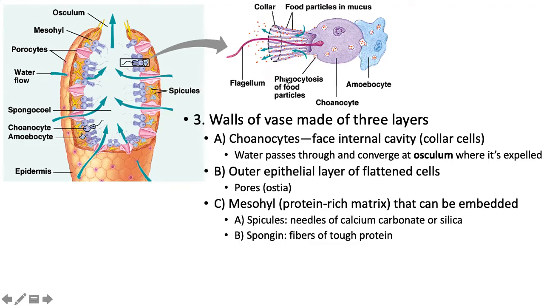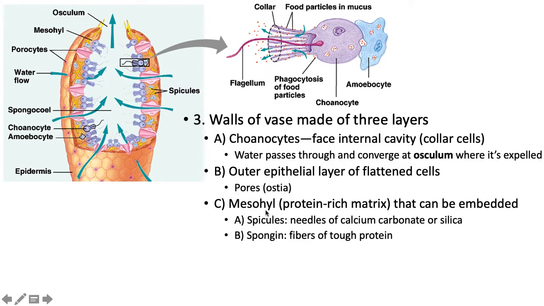On the outside, we have an outer epithelial layer of flattened cells, as you can see in orange here. They help comprise the pores. Your book also calls the pores ostia. And then the middle layer, the mesohyl, is rich in protein. It's like a matrix of other cells, but it's 2 types of materials.